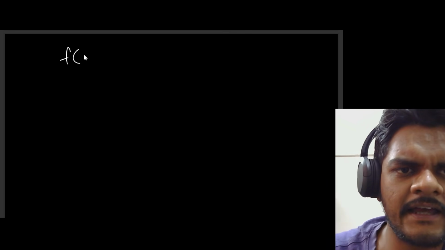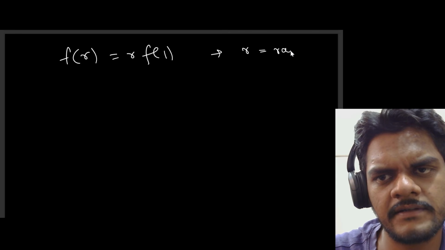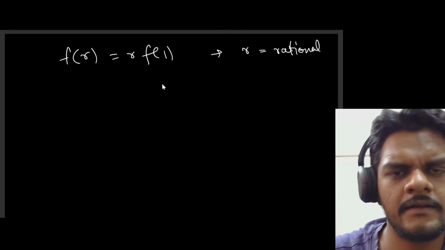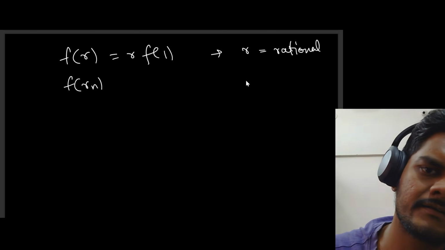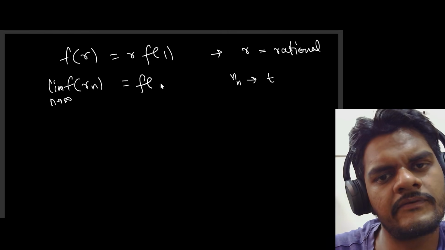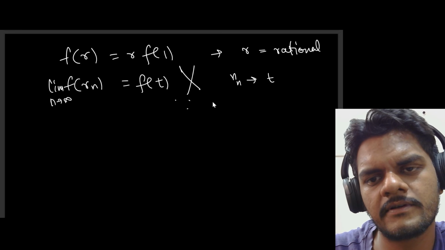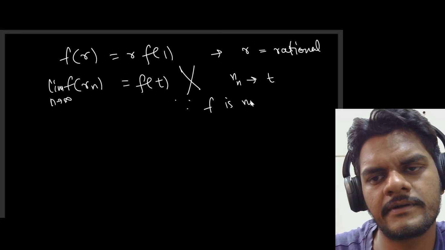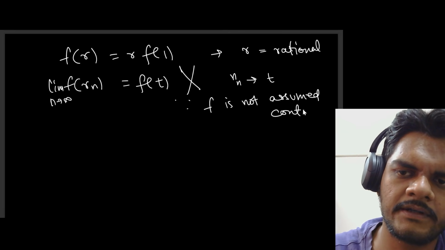So obviously, again, I can prove that for rational numbers, this is true. I cannot use continuity, so I cannot say that if Rn goes to t, the limit as n goes to infinity of f of Rn is equal to f of t. I cannot say this because f is not assumed continuous.